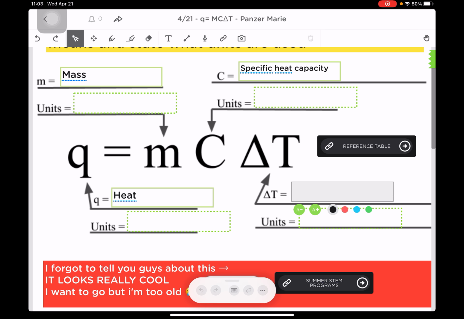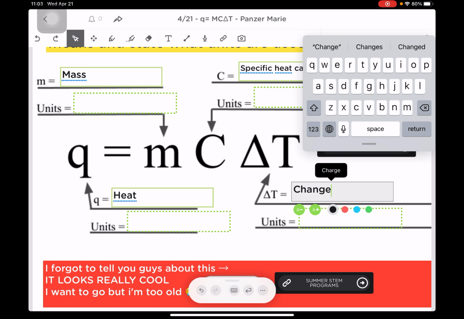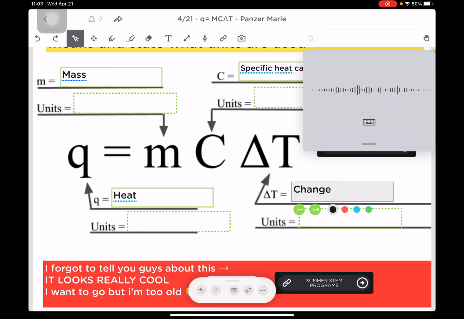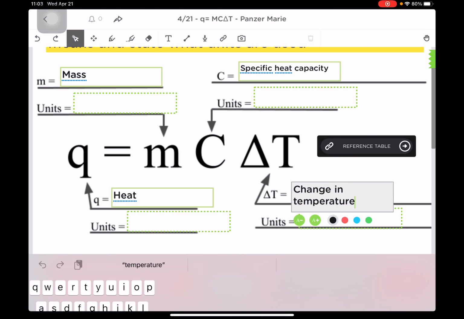And T we said, very important, change in temperature. Did it get that? Nope. That was worth a try. Oh wow, that's so much easier. I'm going to do that for the rest of the time.